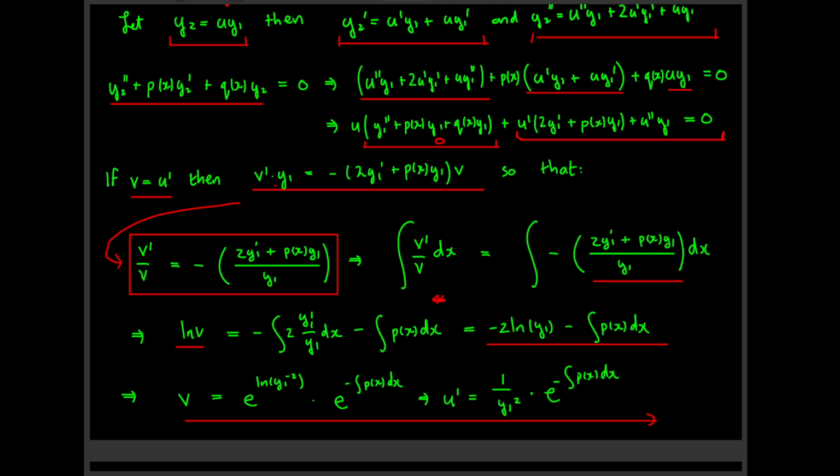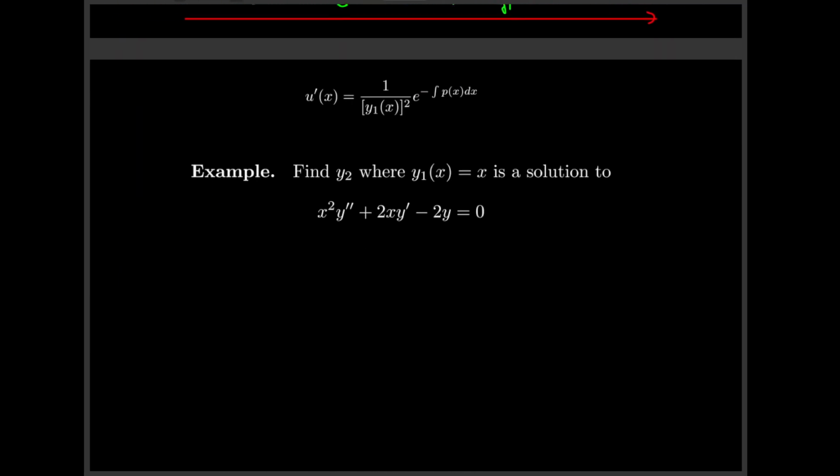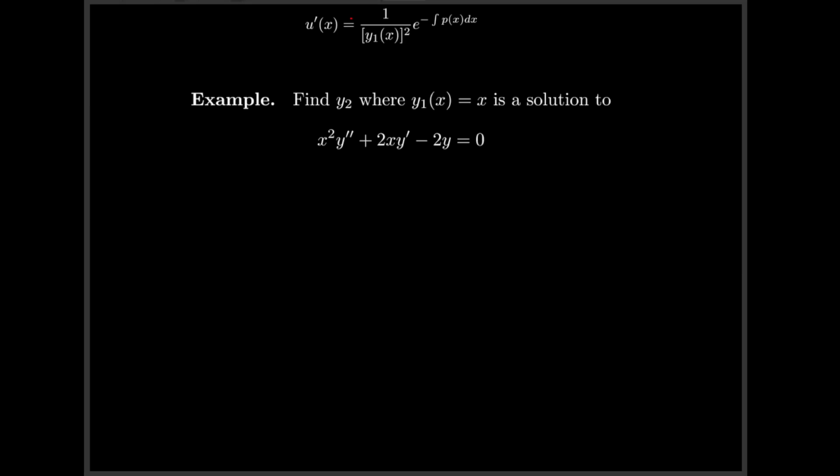Okay, so let's just see how this formula works on an example. So suppose we're given this problem now. We have to find y2, where we're given y1 is equal to x here. And we know that y1 satisfies this differential equation here. Okay, so let's use our formula here.